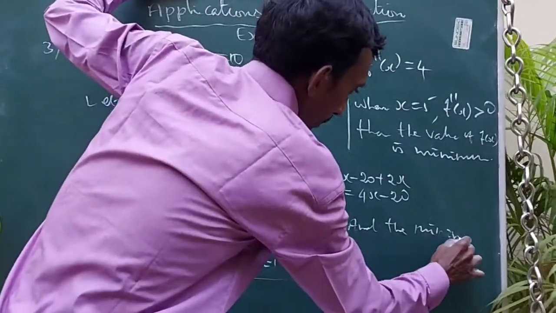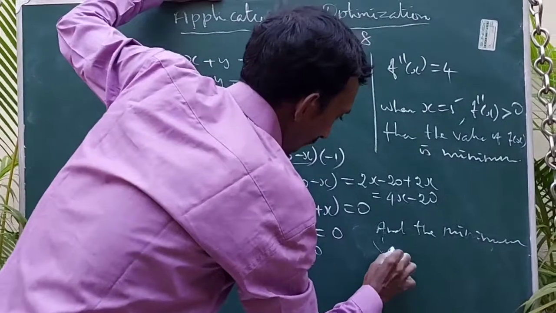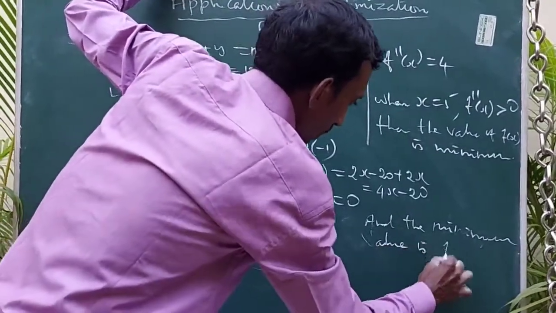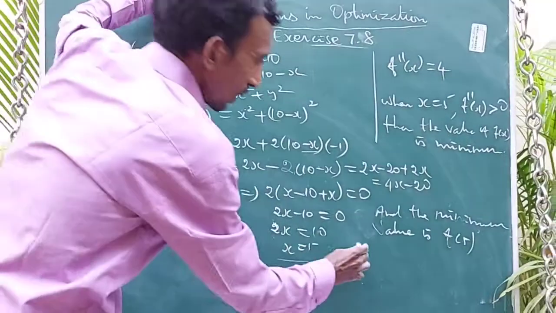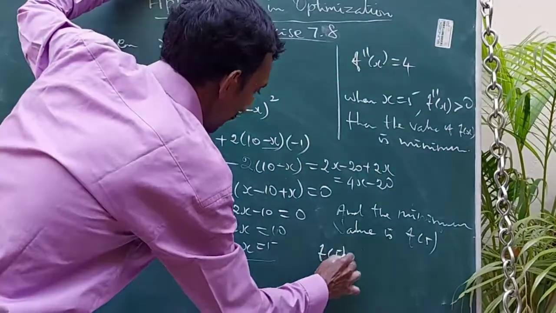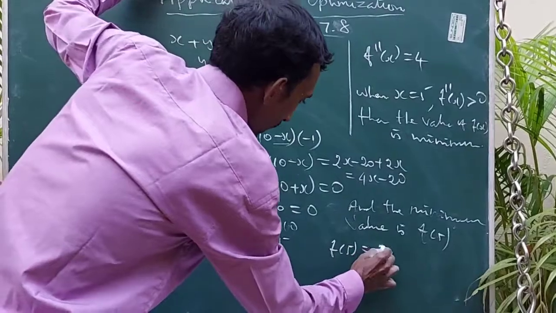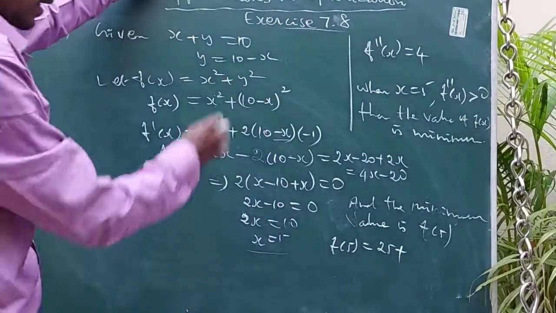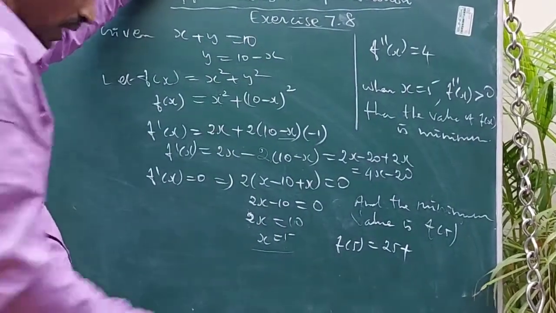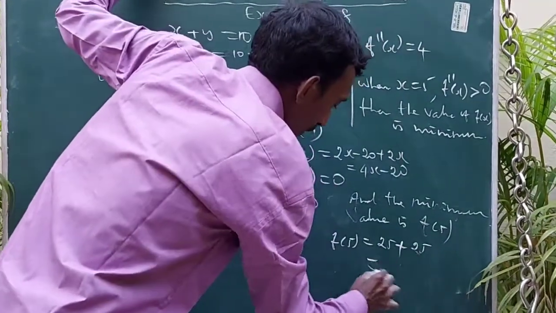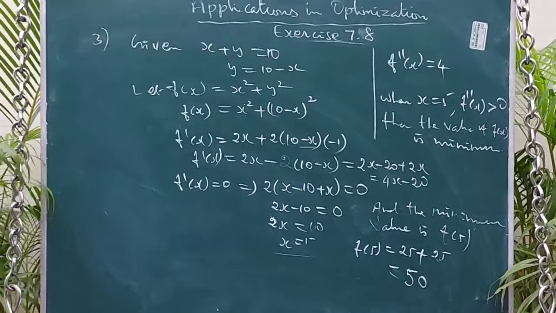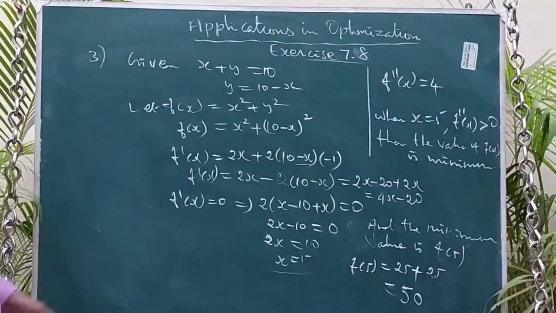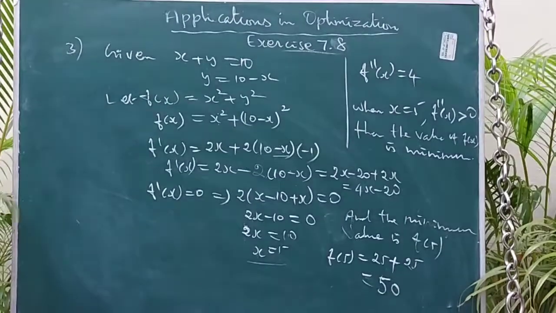So put x equal to 5 here. So f of 5 is equal to 5 square, 25, plus 10 minus 5, again 5 square. So 25 plus 25 is 50. So the minimum value, or the smallest value, for the given function is 50.